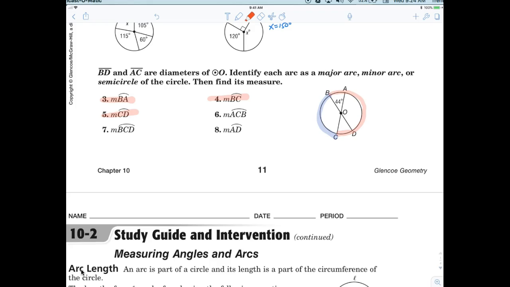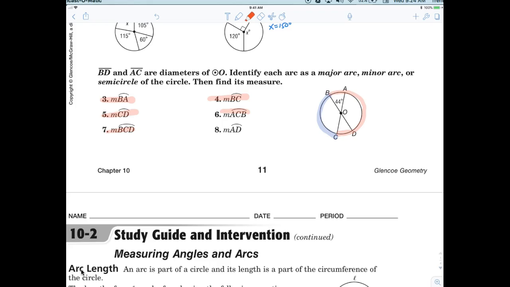Now we know it's major. If you go around the circle from A to C to B, that's definitely major. Now, B to C to D. That's the semicircle. And then AD again is minor. Anybody have any issues with that?